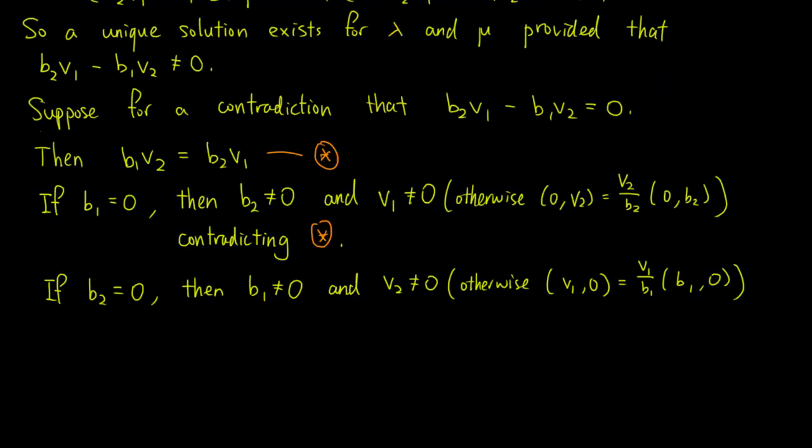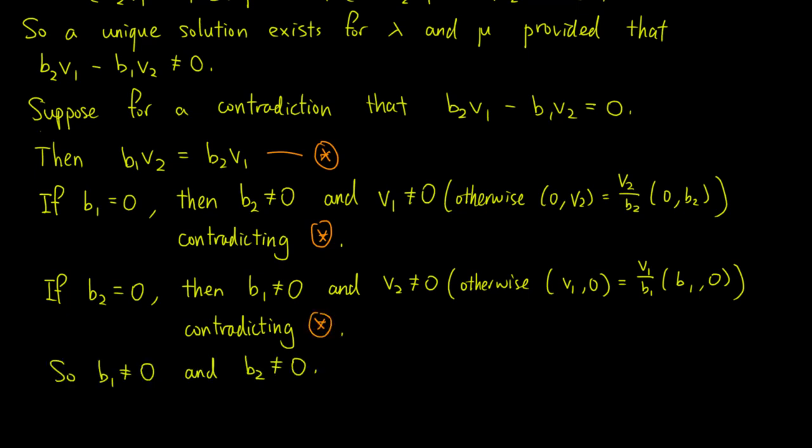Similarly, if we assume that b2 is 0, then b1 must be non-zero, and v2 is also non-zero, otherwise (v1, 0) equals v1 over b1 times (b1, 0), which again implies that the two lines are parallel. So from star again, we have that the left-hand side is non-zero, but the right-hand side is 0, which is a contradiction.